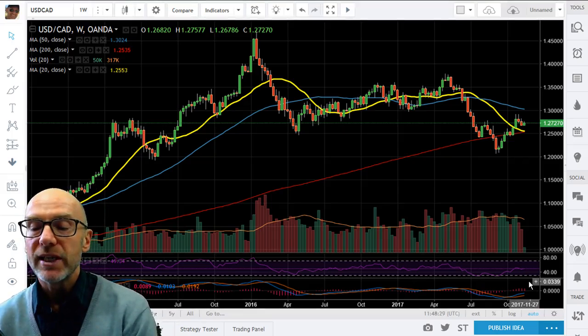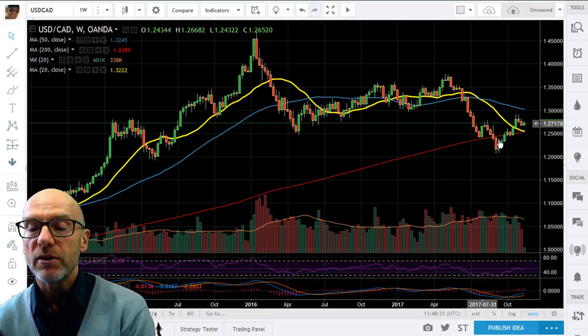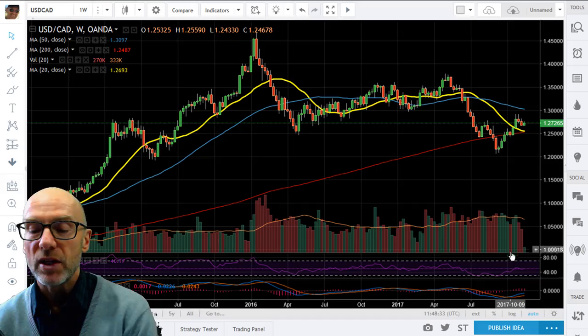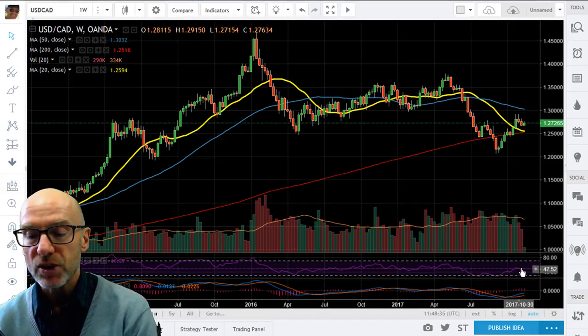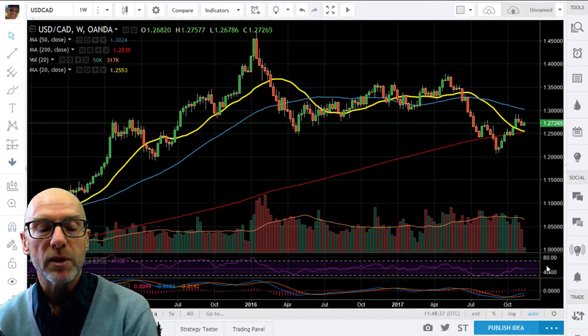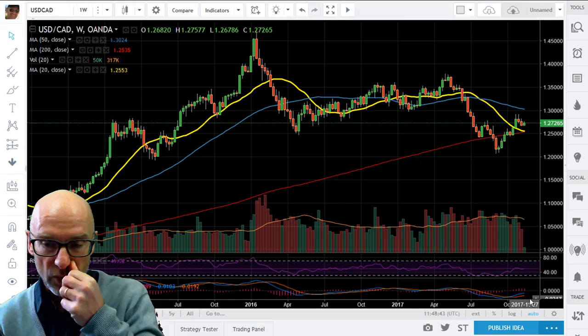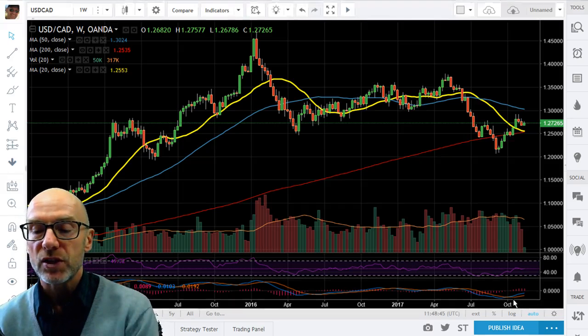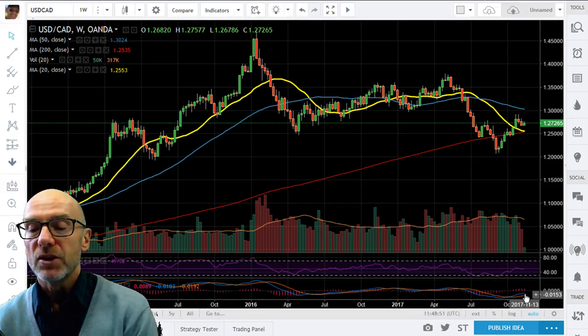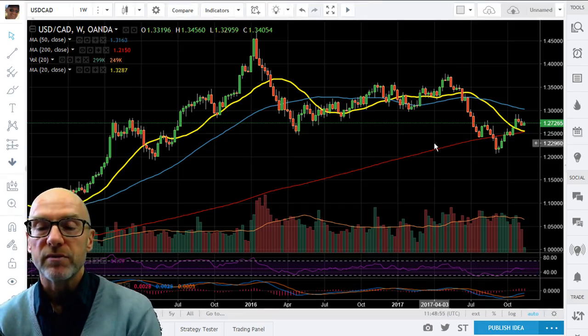Momentum still negative, hasn't fully recovered from the big down move that the dollar had. Slight uptrend, but it is still below 50, 49.32, and the same on the MACD. Although they are indicative that there is at the moment some upside momentum, they're not above zero. So just a sign that momentum is improving, but it's not yet positive.